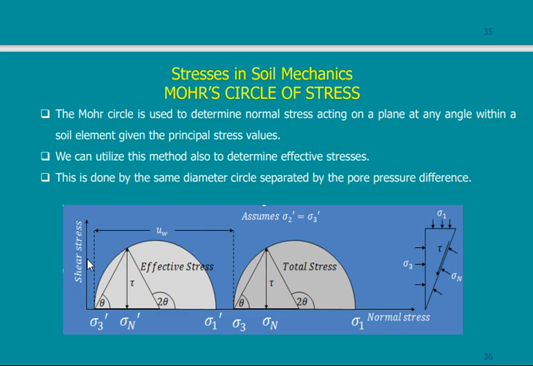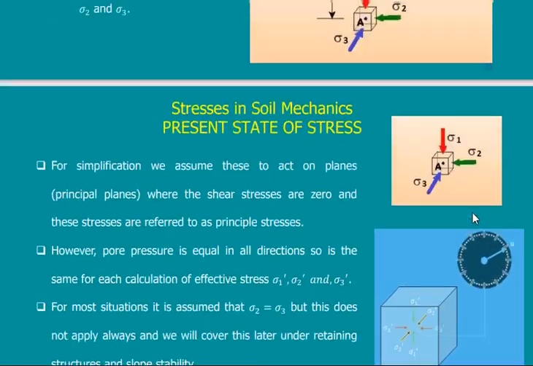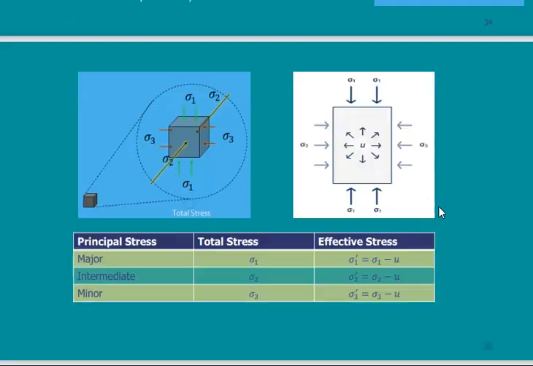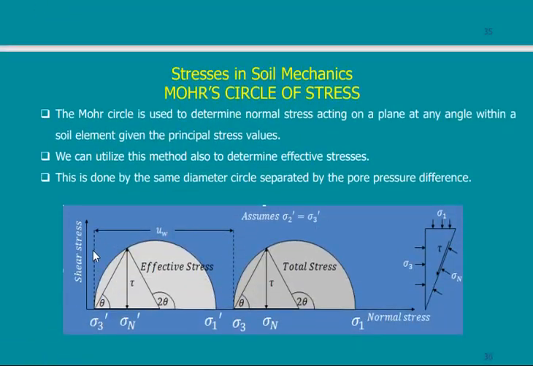It means that if I have this block and I'm subjecting it to sigma 1 and sigma 3 in all directions, it will stay in place, it will not fail unless this point A cannot take a shearing strength equal to this value.